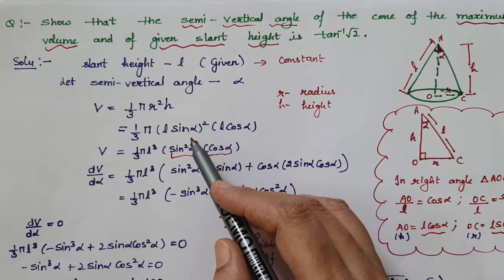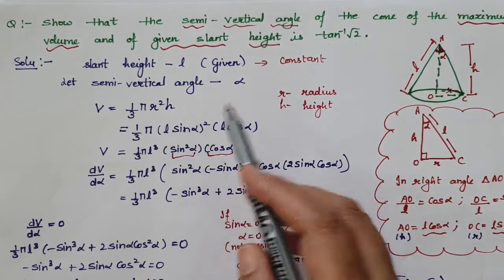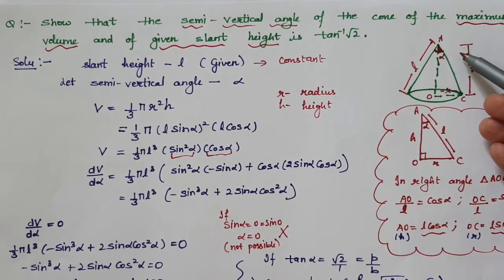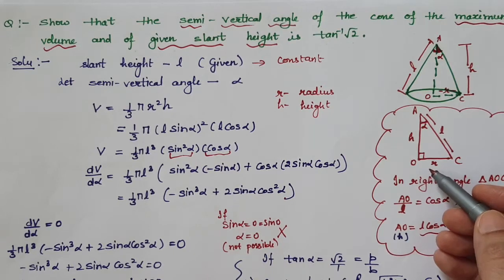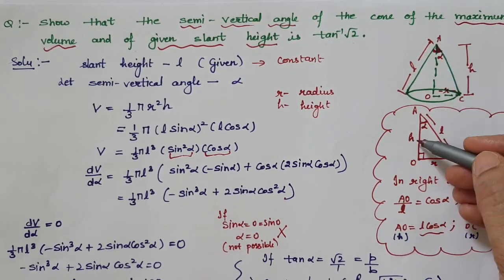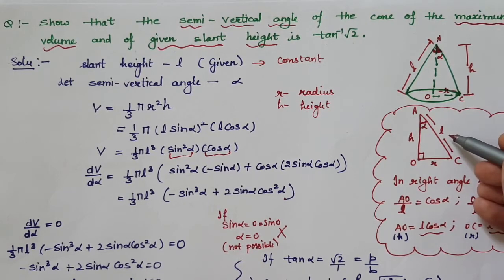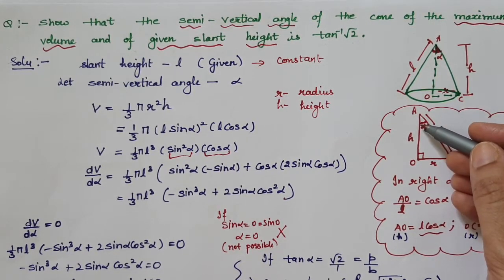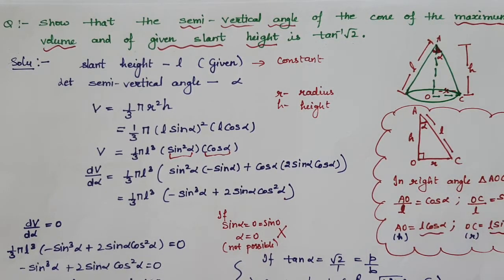Okay, so how can we convert r and h in terms of L or alpha? Let us consider this right angle triangle AOC. Now in right angle triangle AOC, AO stands for your height, OC is radius, and AC is your L, and alpha is the semi-vertical angle. So if I apply my trigonometric ratios in this right angle triangle AOC, what do I get?